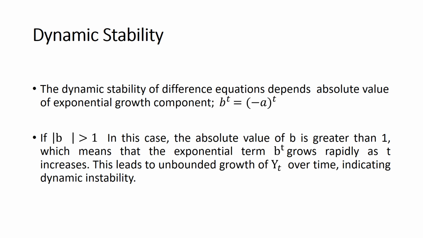If the absolute value of b is greater than 1, which means that the exponential term b to the power t grows rapidly as t increases. This leads to unbounded growth of yt over time, indicating dynamic instability.